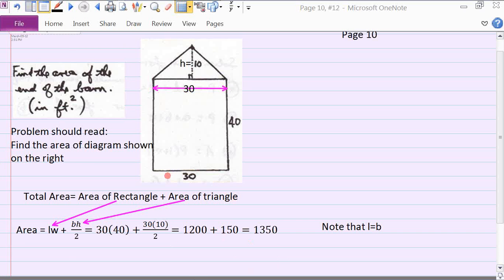And that way I've shown that the total area, the area of this is 1,200. The area of the triangle is 150. If I add the two together, I get 1,350. So this completes this topic, and we will continue with the next topic.